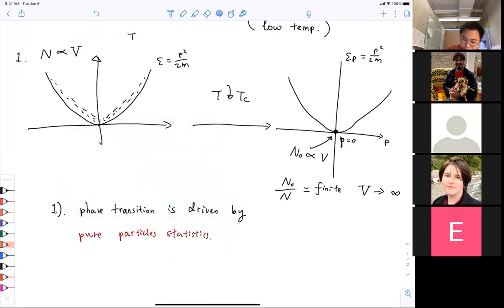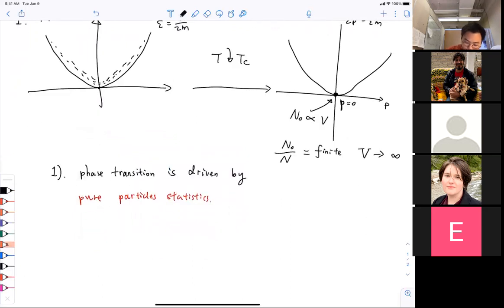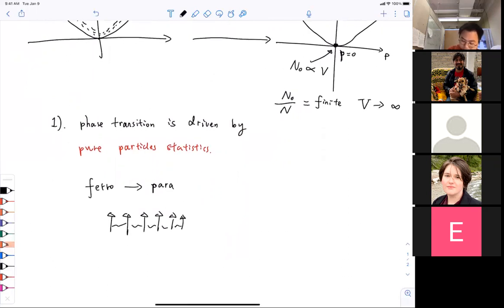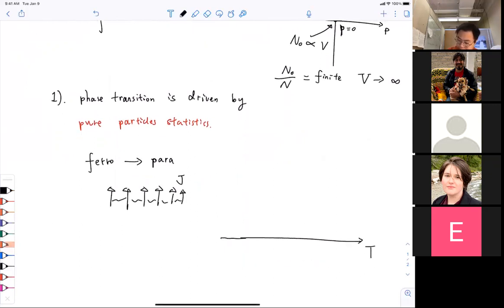For the standard phase transition, for example from a ferromagnet or antiferromagnet to a paramagnet, the system is a spin system. There are interactions between spins. Let's assume the interaction between spins is capital J. Then we know there's a phase transition. Assume this axis is the temperature T. There's some critical temperature Tc.